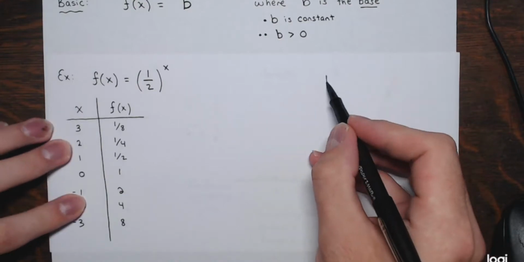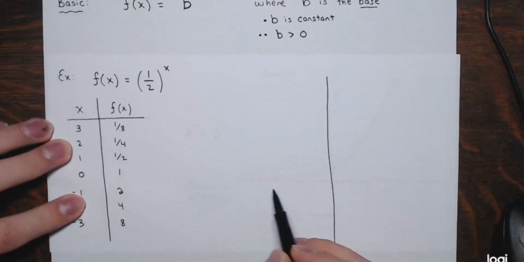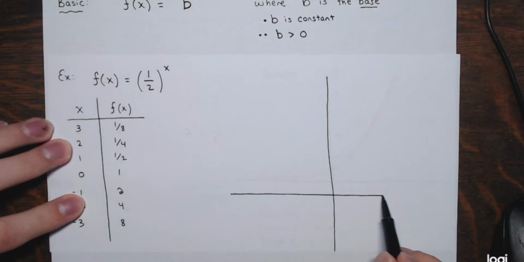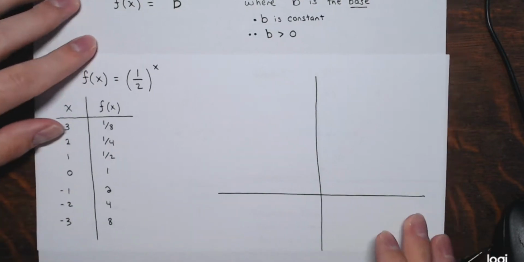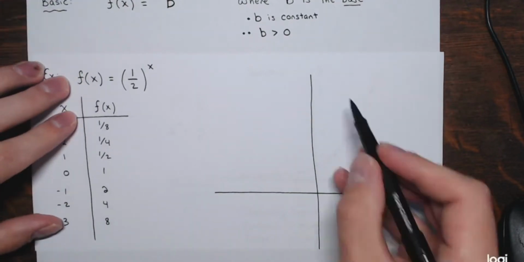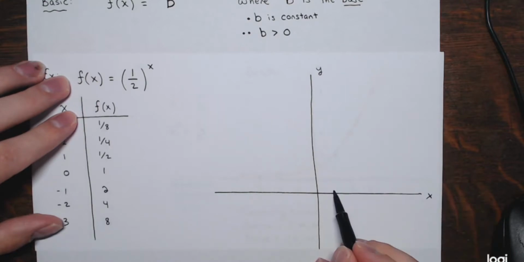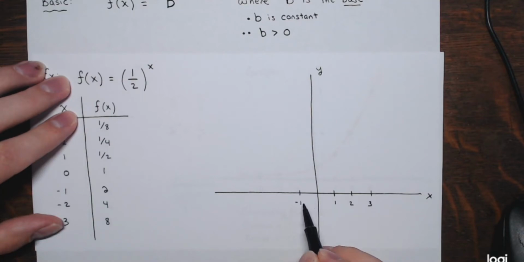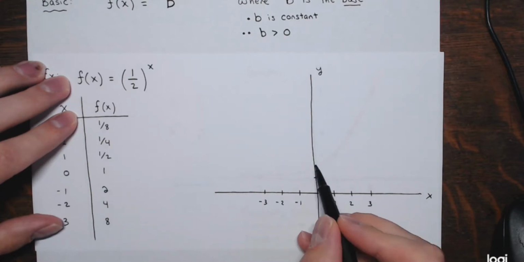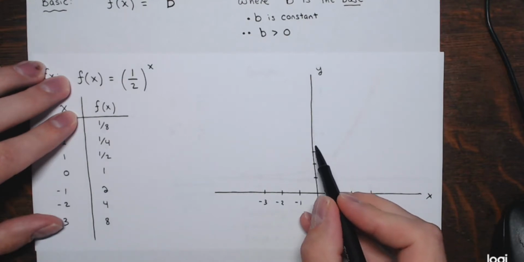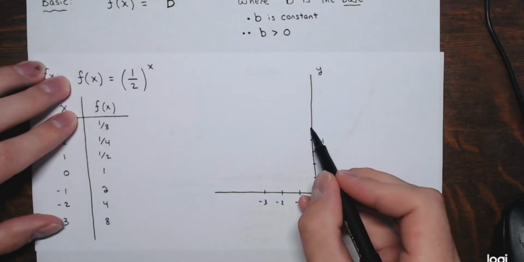And then if I plot my coordinate plane here, I'm going to do, again, a rough sketch of this. Marking off some values on the x-axis and then some values on the y-axis.